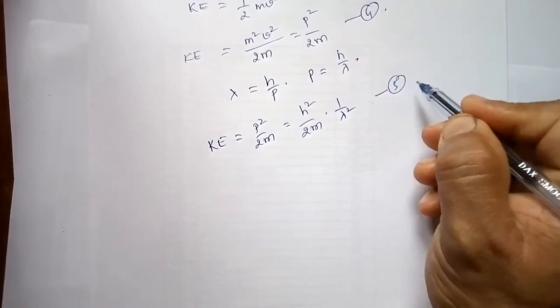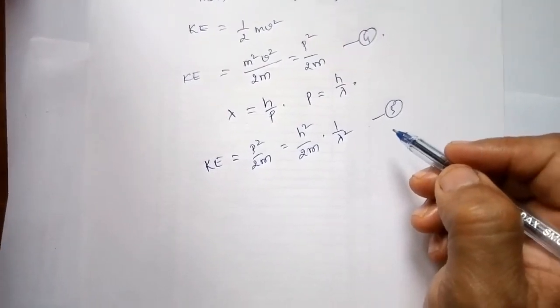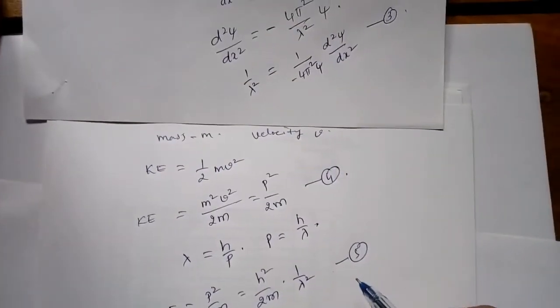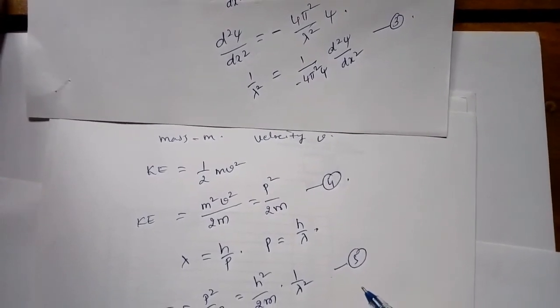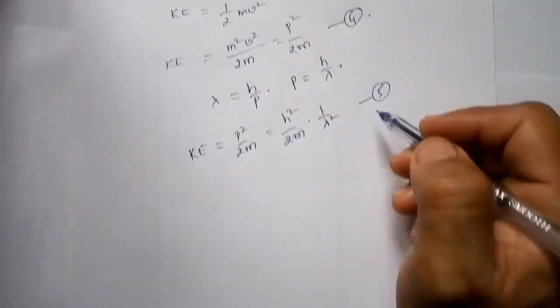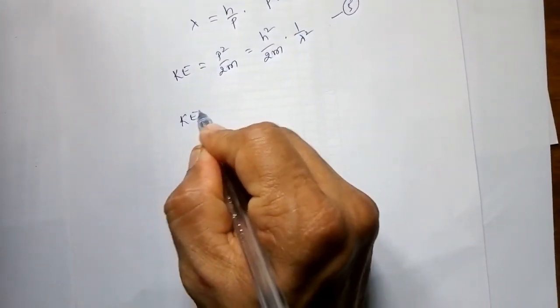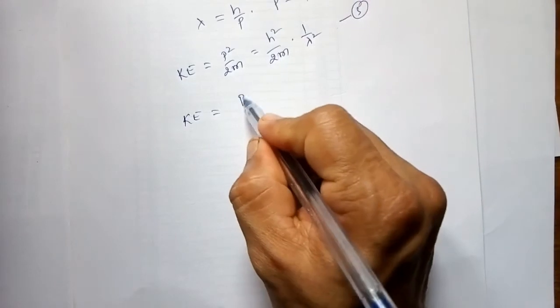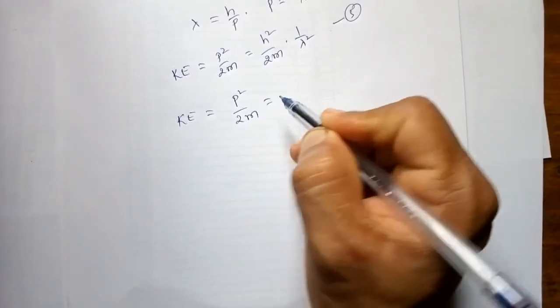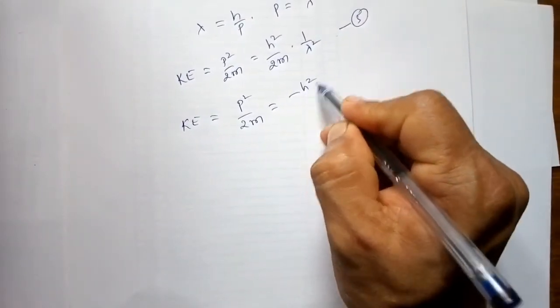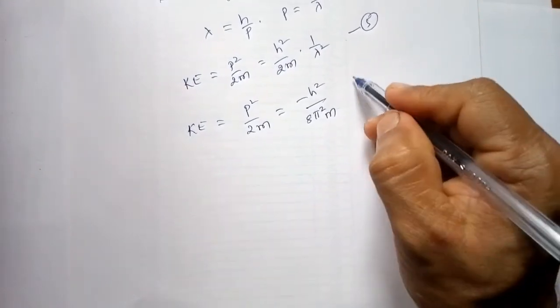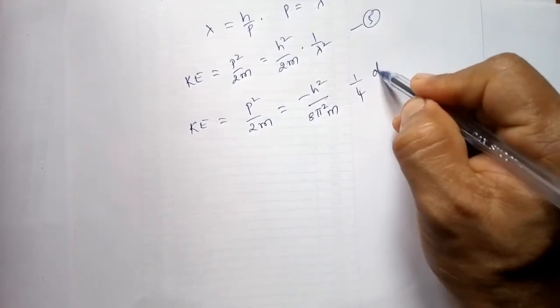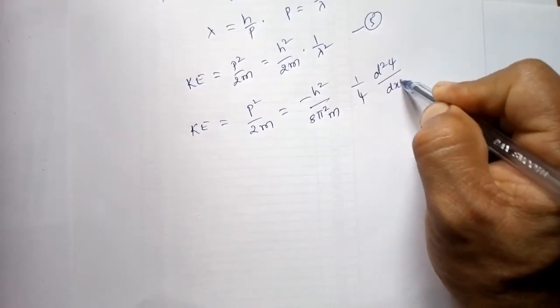Call this 5. Now 1 by lambda square you have from equation 3. Let us substitute from 3 in equation 5. So you get kinetic energy equal to p square by 2m, that's equal to minus h square by 8 pi square m, times 1 by psi d square psi by dx square.